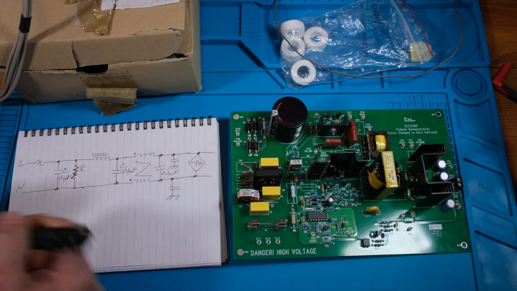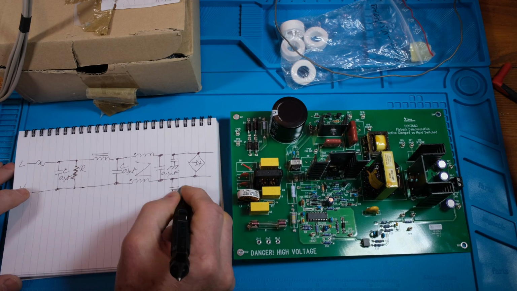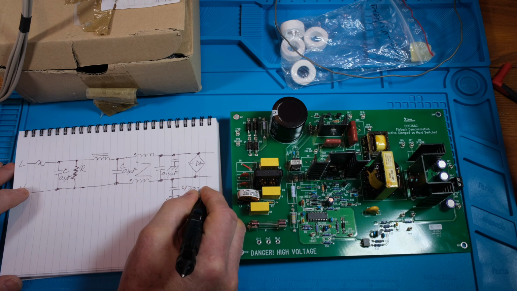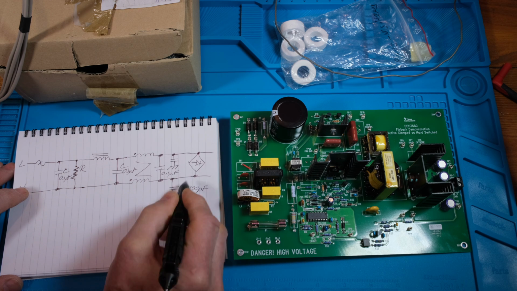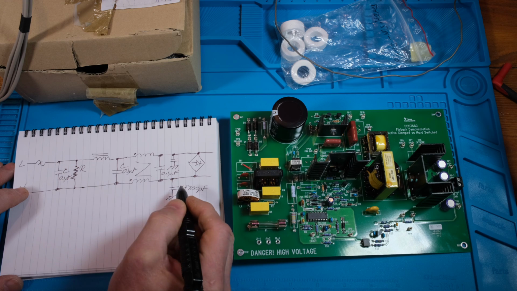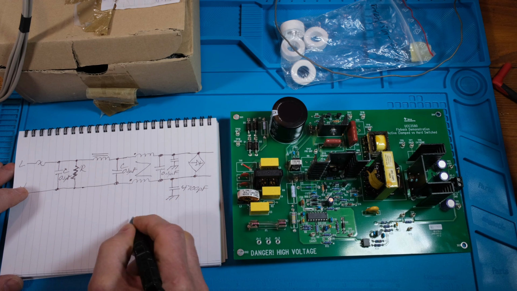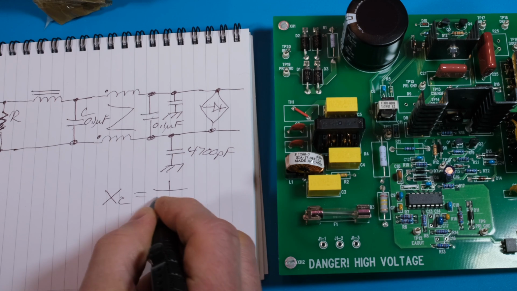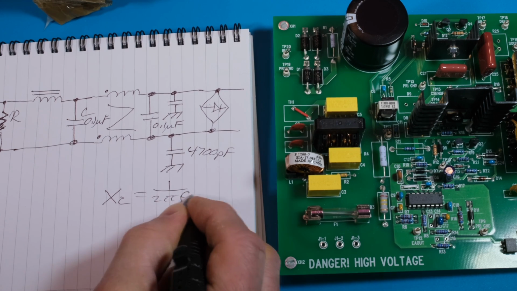All right, guys, very common value for Y capacitors, 4700 picofarad. Now the reason why that's a common value: when you add those together, you do X of C, right? And that's equal to 1 over 2 pi FC.